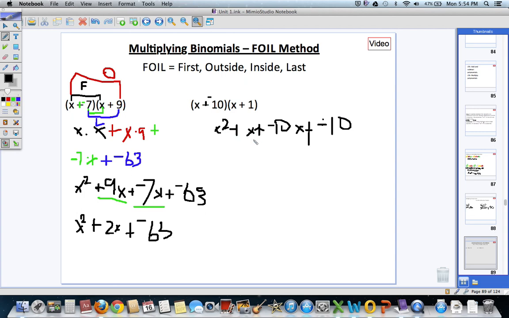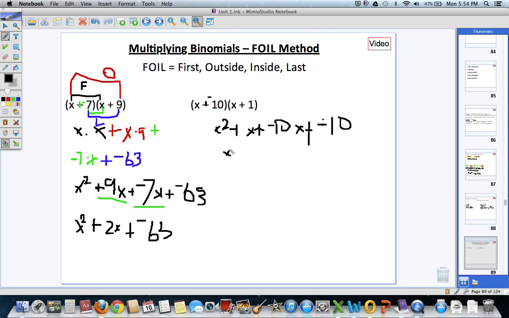So now I have x squared plus x plus a negative 10x plus a negative 10. We combine my like terms, and that's going to be my x's because they're both to the first power. So x plus negative 10x, remember this x is technically a 1. So I have 1 plus a negative 10. So I'm going to have x squared still. I can't combine my squares.